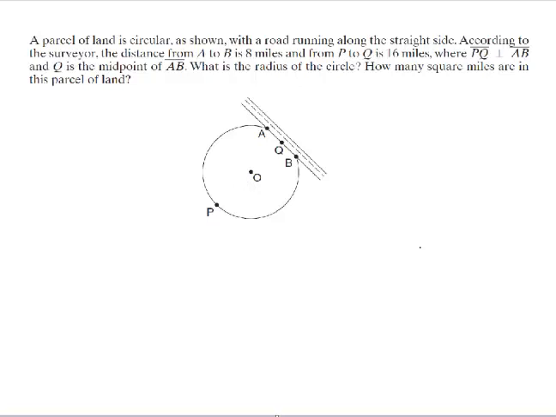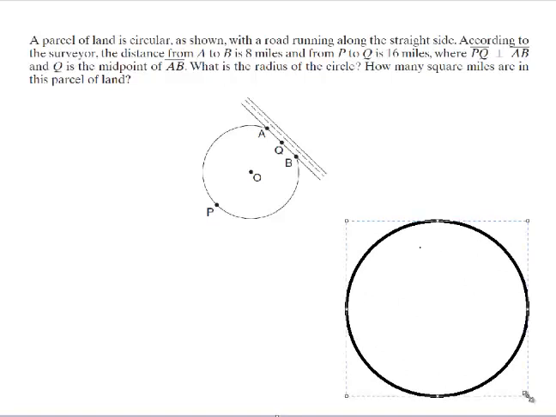I'm going to draw a different circle to make it a little bit more usable, and so that we can put the numbers in. Okay, let's draw AB as a chord. Now, obviously, it shows the road over here, which makes you not able to see the corner of the circle.